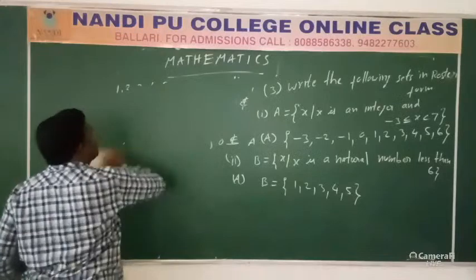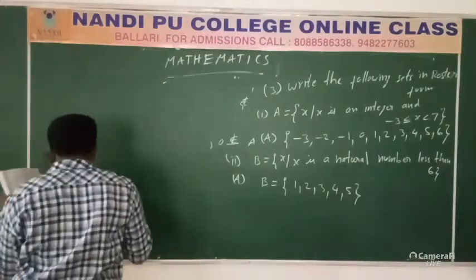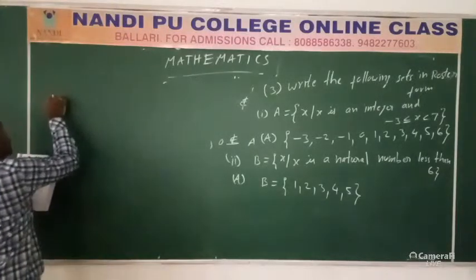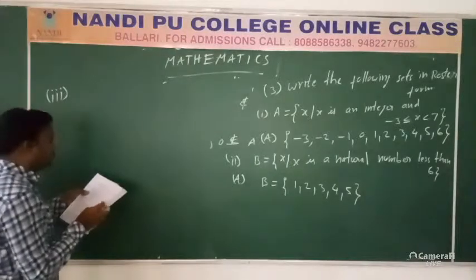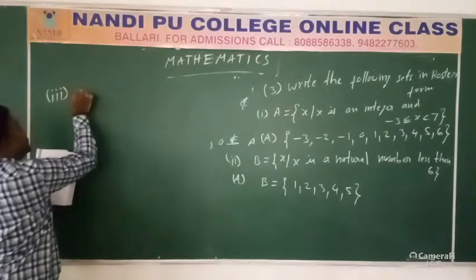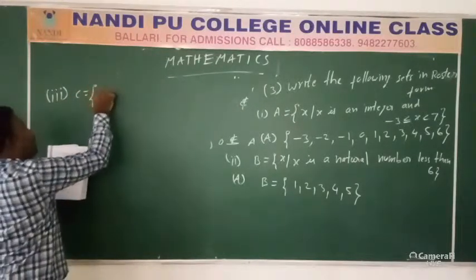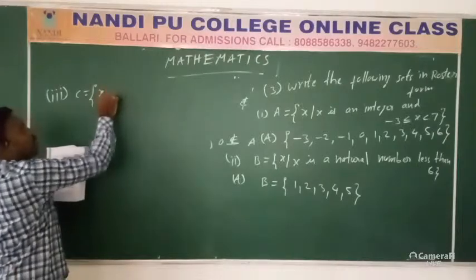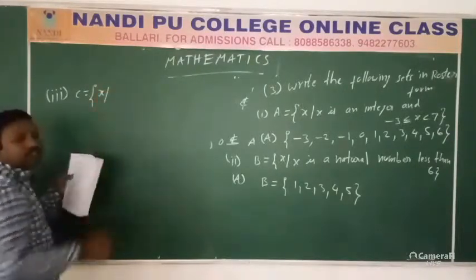Next, third sub question. C equal to the set of x such that, you can write the symbol like this with two dots, or you can write it with a slash also.